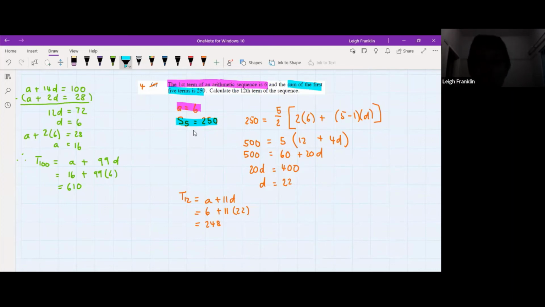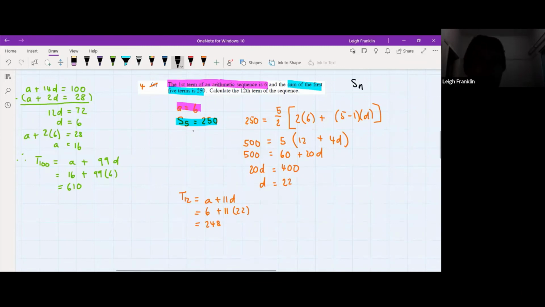Over here, I have substituted into the Sn formula. Sn equals n over 2, open brackets, 2a plus (n minus 1) times d. Then I've simplified.